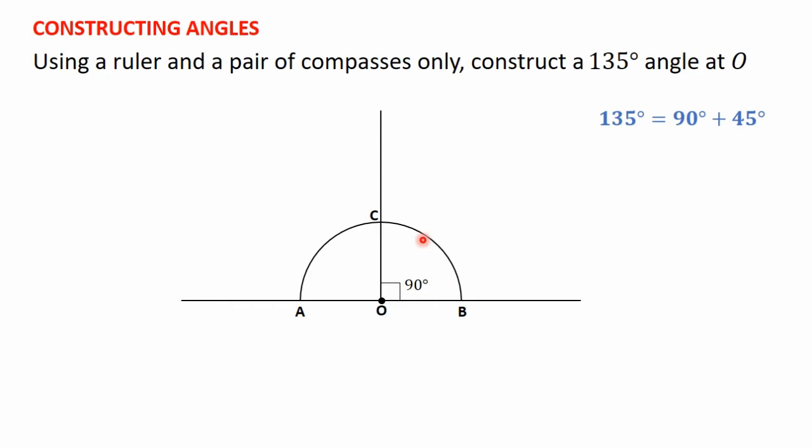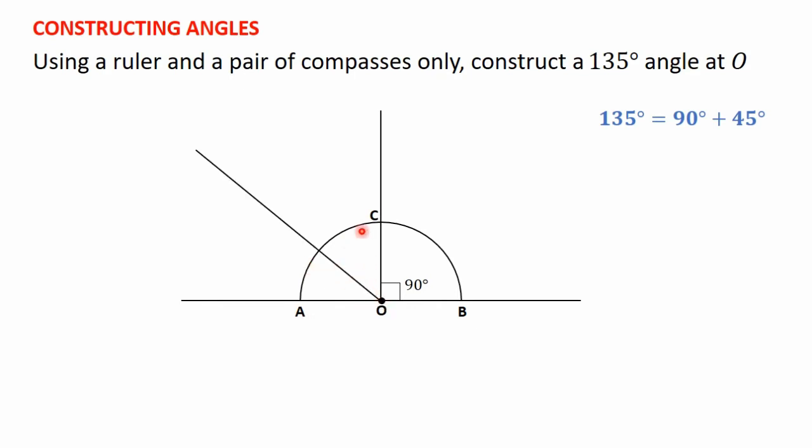Now, because angles on a straight line add up to 180 degrees, if angle COB is 90 degrees, then angle COA is equal to 180 degrees minus 90 degrees, which is also 90 degrees. So the angle between point C and point A is also 90 degrees. When we bisect the angle between point C and point A, which is 90 degrees, we are going to have a 45 degrees angle.